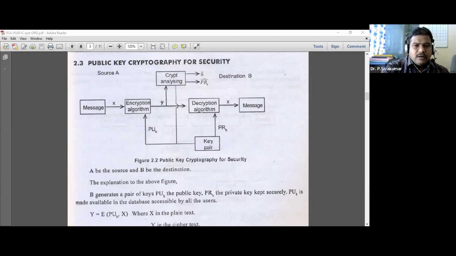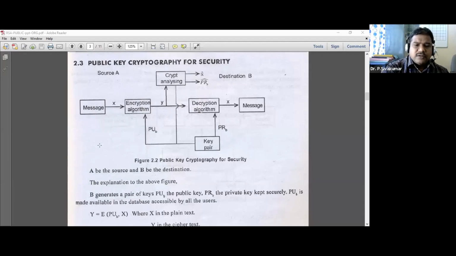How is it implemented? In the encryption algorithm, along with the plain text we use the recipient's public key. Where do you get the recipient's public key? You already know it well. There is a common registry for that organization holding all the users' public keys.